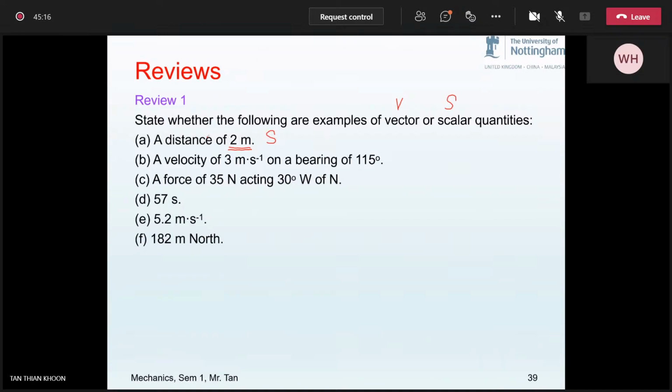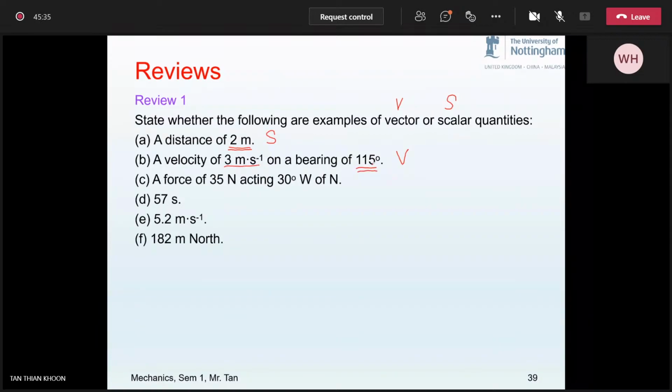B. A velocity of 3 meters per second on a bearing of 115 degrees. So is it scalar or vector? Vector. Why? There's 115 degrees indicating the direction. Correct.